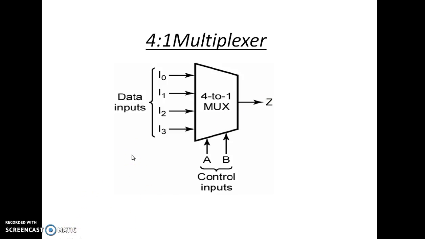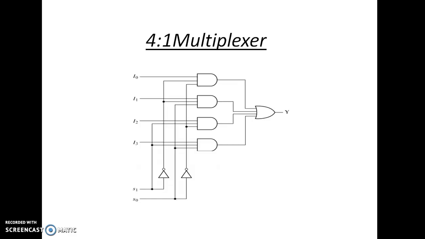Next we will see how we can implement the 4:1 multiplexer with the help of basic gates. We have seen that when I0 has to be selected, S0 and S1 should be 0 0. So S1 bar and S0 bar are given to the AND gate and are ANDed with I0, and that is given to the OR gate.